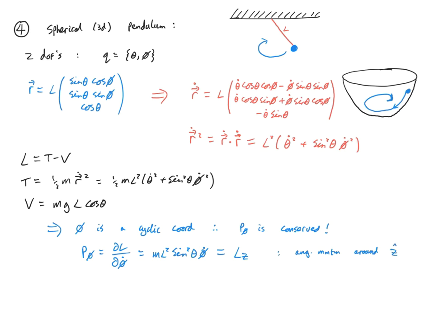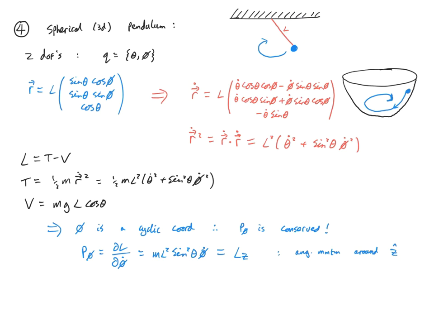And of course, this is exactly what it should be. We have a pendulum here which is swinging around, and whatever angular momentum it initially has is a constant and remains conserved throughout the motion. So there's an angular momentum which is conserved in this direction here around the z-axis.